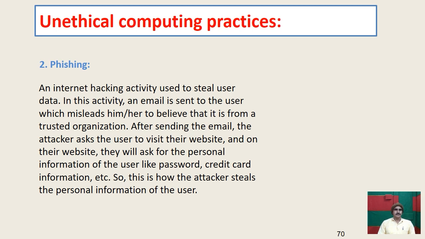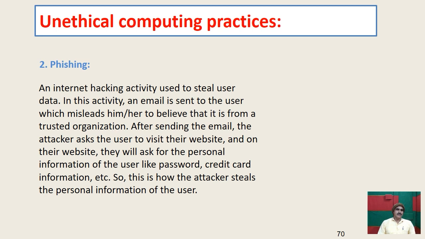Second, phishing. An internet hacking activity used to steal user data is called phishing. In this activity, an email is sent to the user which misleads him or her to believe that it is from a trusted organization, but it is not.